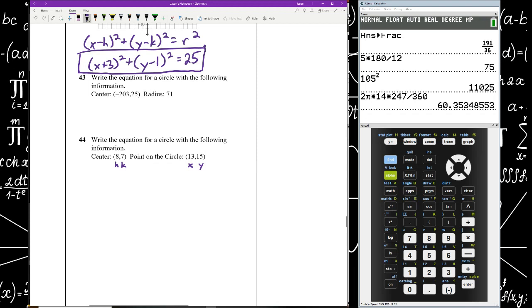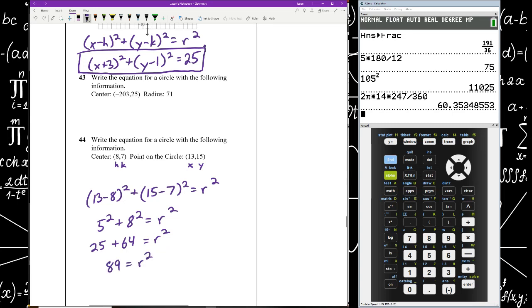So this would be (13 minus 8) squared plus (15 minus 7) squared equals r squared. 13 minus 8 is 5. 15 minus 7 is 8. 5 squared is 25, 8 squared is 64, equals r squared. 25 plus 64 is 89.